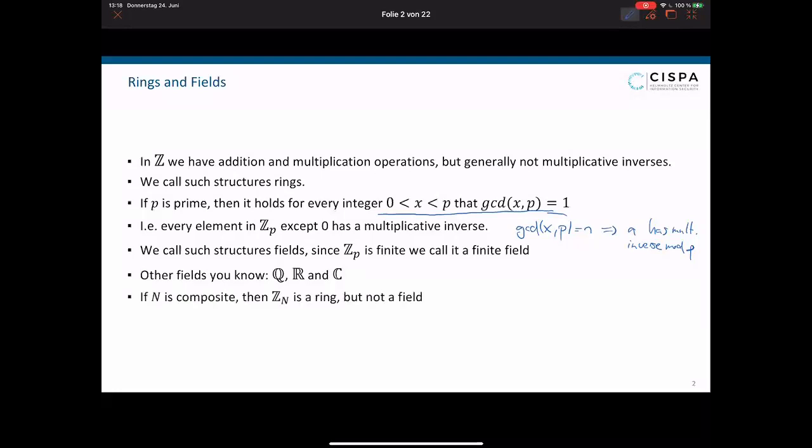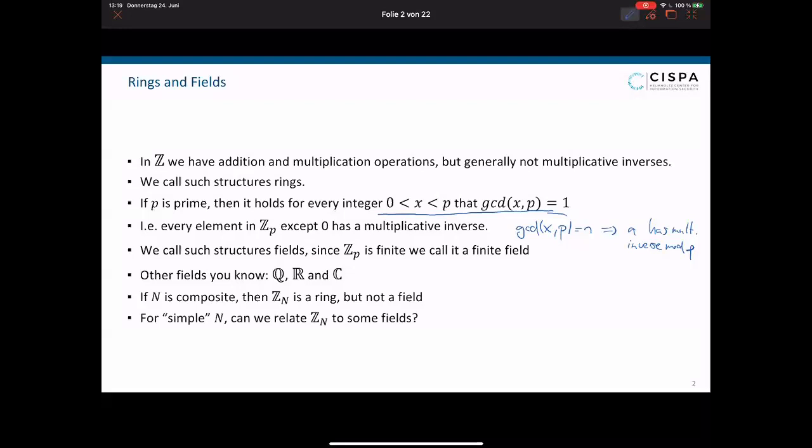Okay, now, if n is a composite number, so not a prime number, then of course we've seen that Zn is a ring, but it's not a field. So I'm claiming there are elements that don't have multiplicative inverses. But the question is, for a composite n, can we relate Zn to some fields?